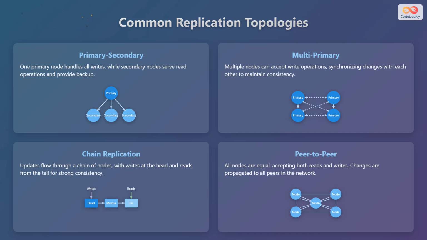In chain replication, updates flow through a chain of nodes, with writes at the head and reads from the tail for strong consistency. Peer-to-peer replication means all nodes are equal, accepting both reads and writes, and changes are propagated to all peers in the network. Each topology offers different trade-offs in terms of performance, consistency, and fault tolerance, and the best choice depends on the specific requirements of the system.